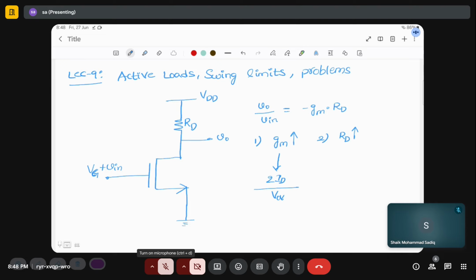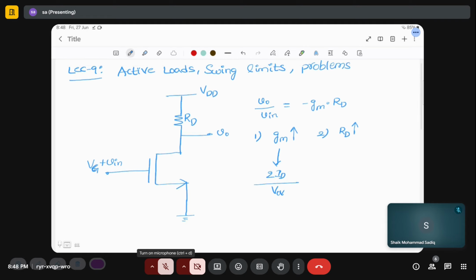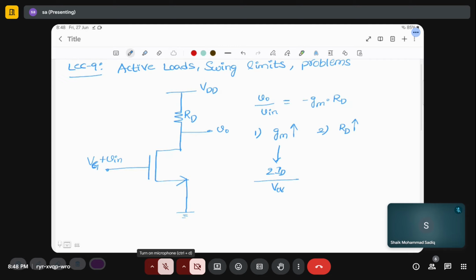I'm worried about something else. What happens if ID increases?